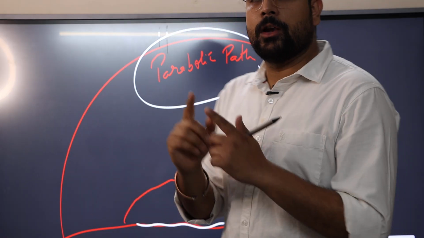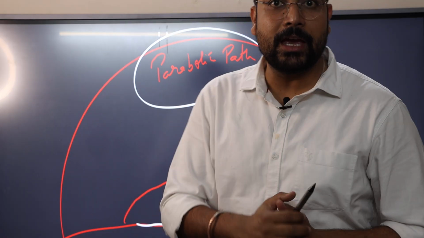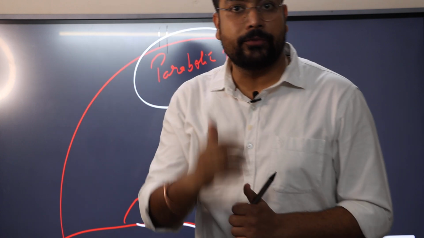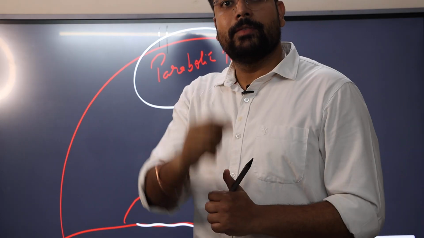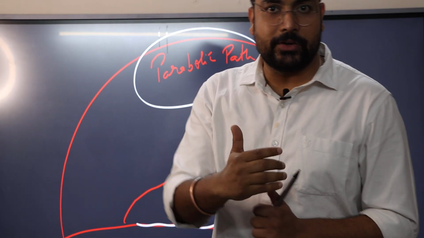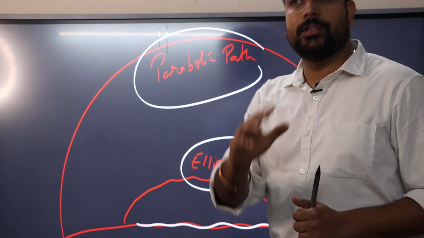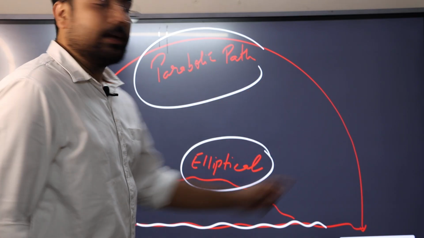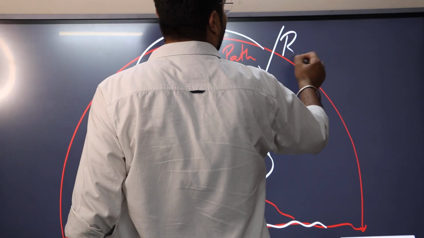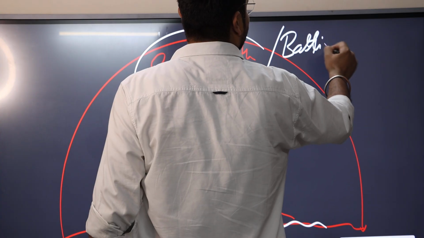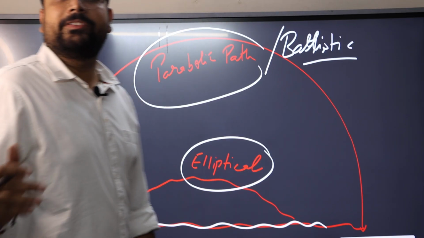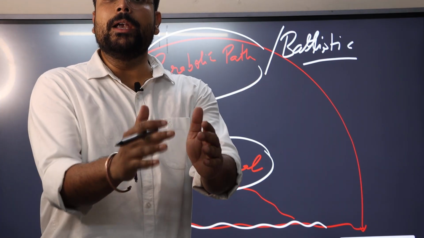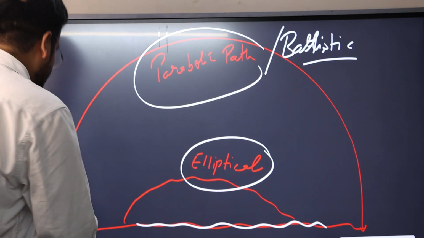But in case of longer range missiles, especially ICBM, intercontinental ballistic missile, where the range starts from 5,500 kilometers, you will see that most countries use this parabolic path for the ballistic missile. So what is the difference here? The parabolic path is also known as the ballistic path, and that's why this is the name of the missile. Ballistic missiles are those missiles that have to follow the parabolic path in order to complete their journey.